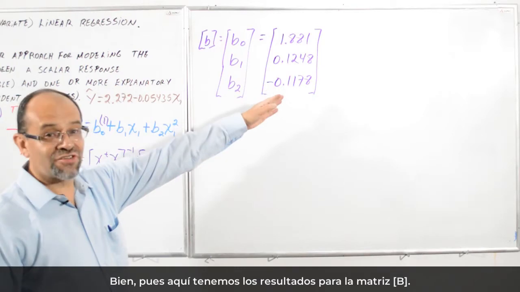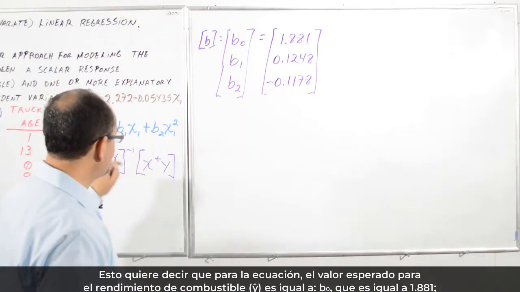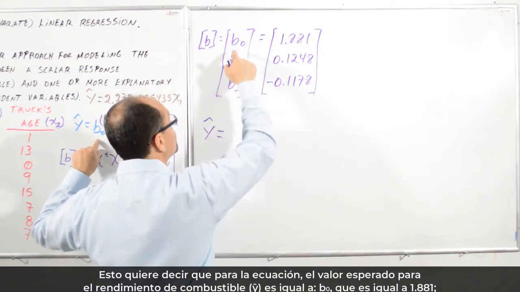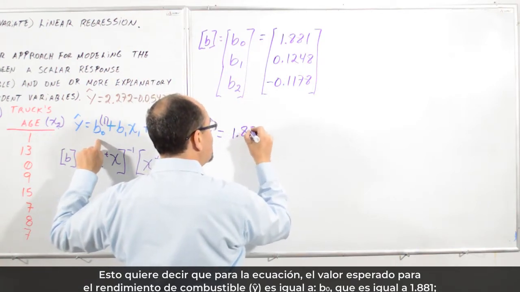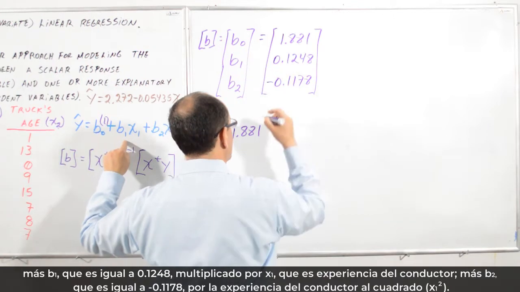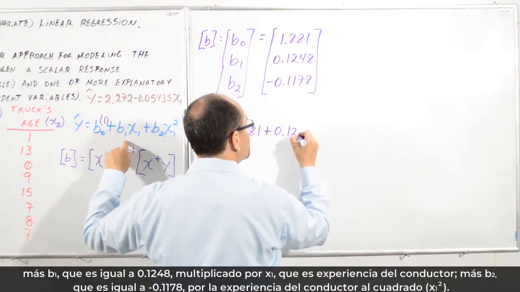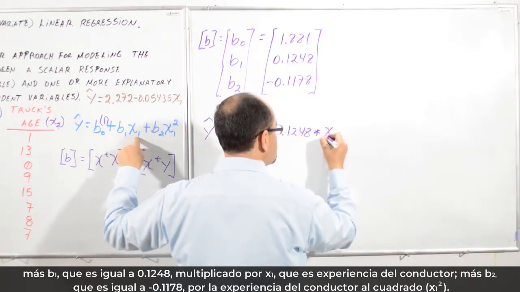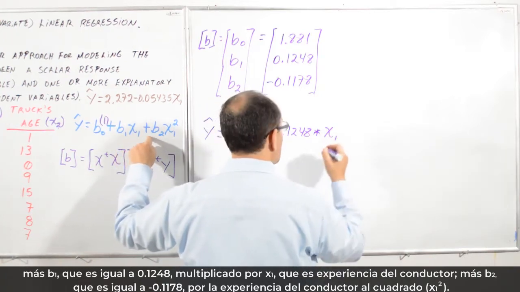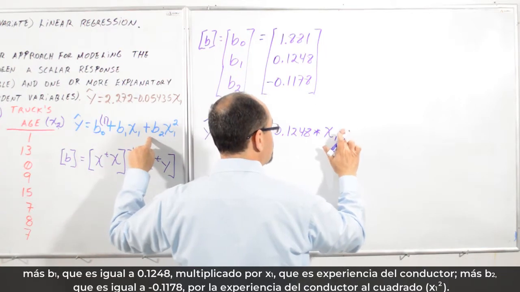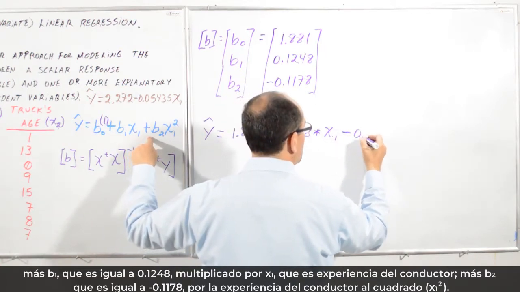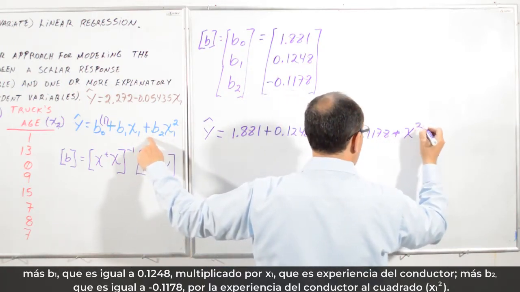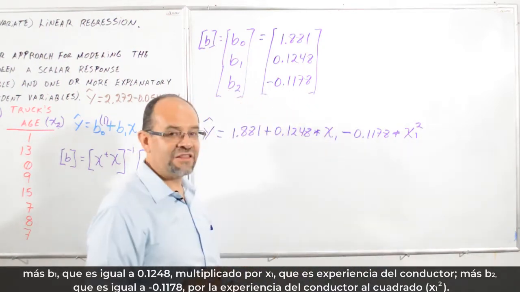Okay, so here we are having the result for matrix B. That means that for the equation, the expected value for fuel efficiency is equal to B0, which is 1.881, plus B1, 0.1248, times x1, driver's experience, plus B2, which is not plus, but actually minus 0.1178, times driver's experience square. Okay, here we are having the equation.